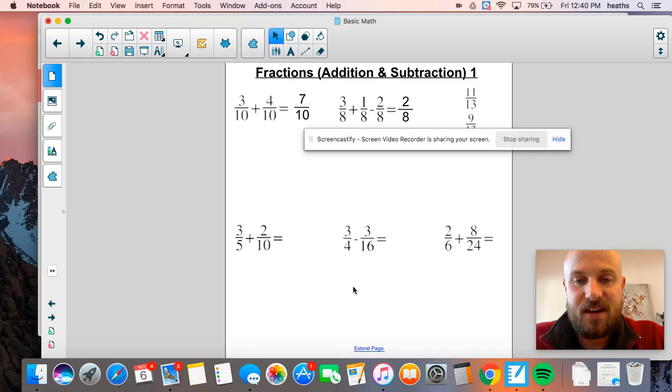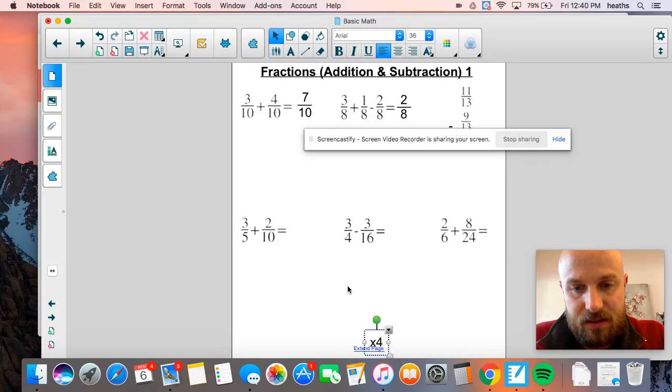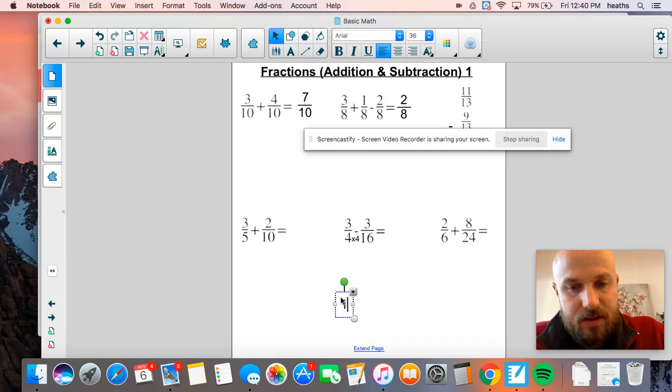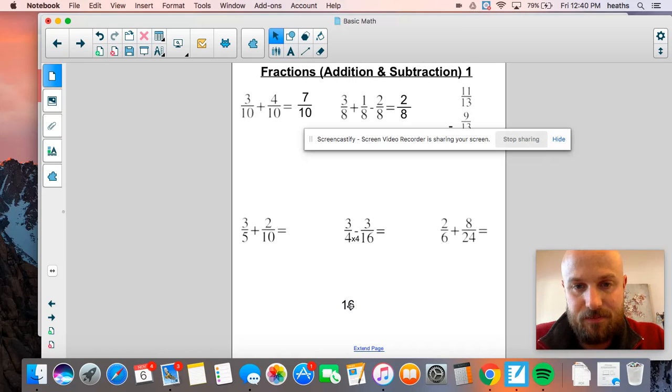And one of the strategies I use is I a lot of times want to look at the smaller number, so 4. What would I multiply that 4 by to turn it into a 16? Okay, and I know that to do that, it's actually going to be times 4. Okay, so 4 times 4 is going to give me 16.